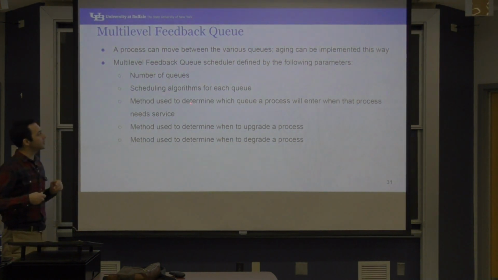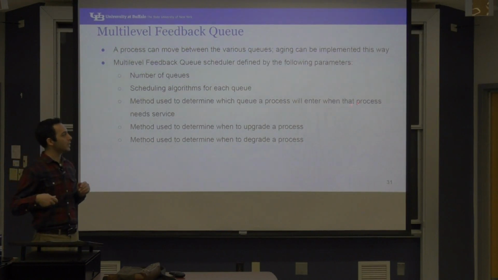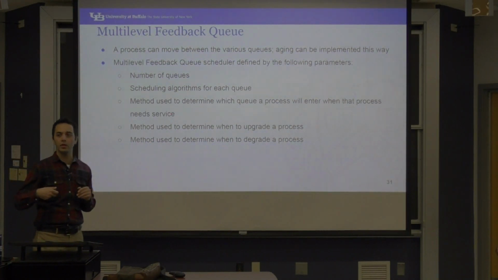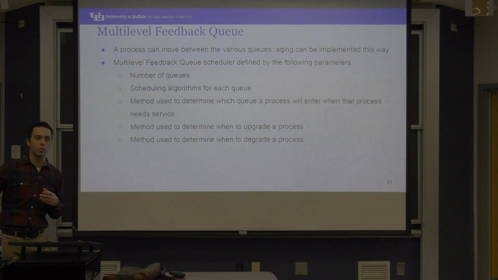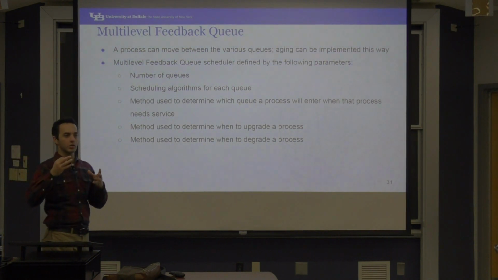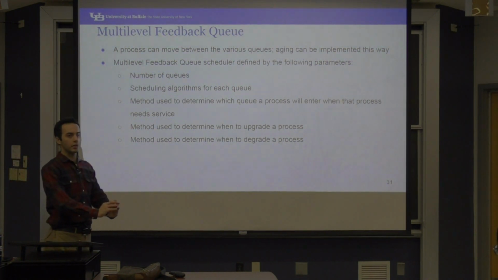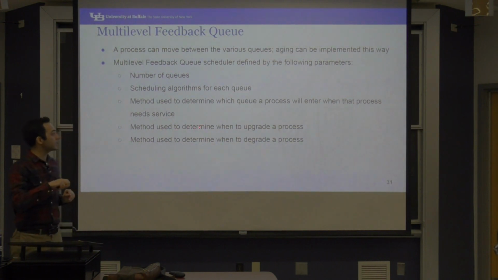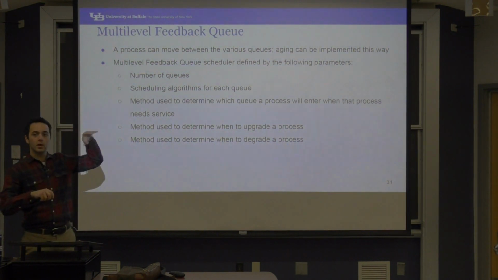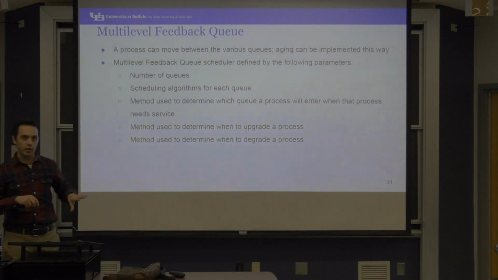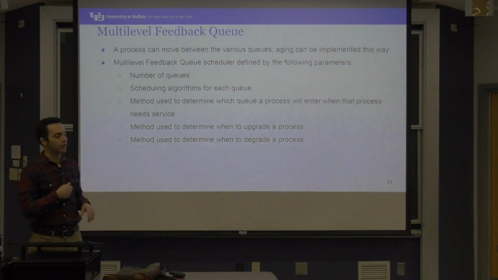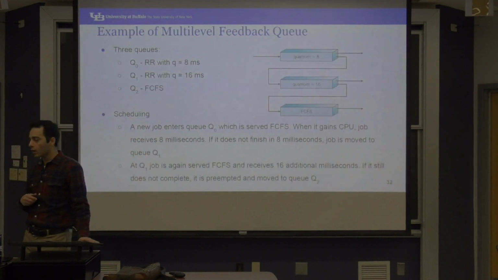Then a method used to determine which queue a process will enter when that process needs service. When a process is entered, is it in this queue or this queue? And a method used to determine when to upgrade or downgrade a process. These are how we should think of MLFQS.